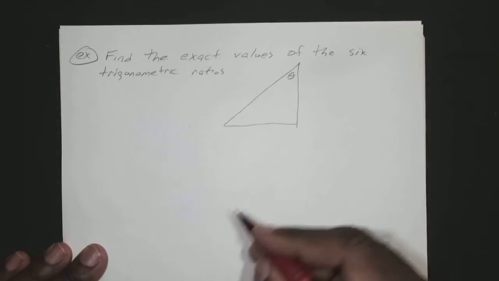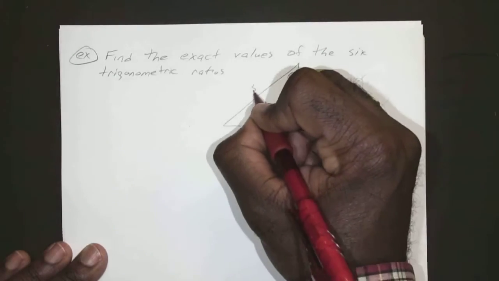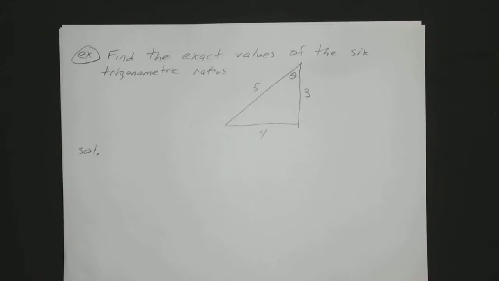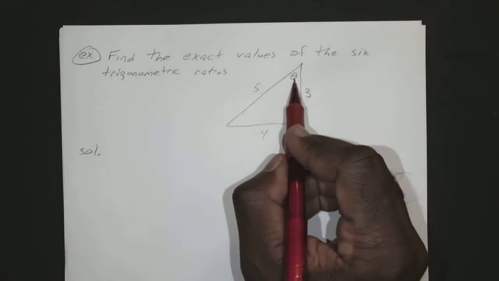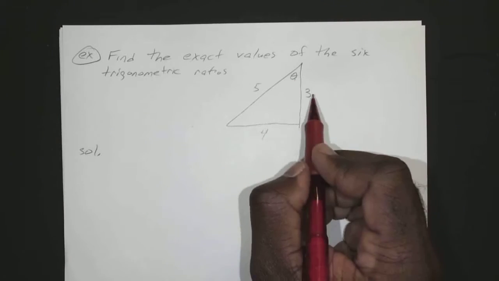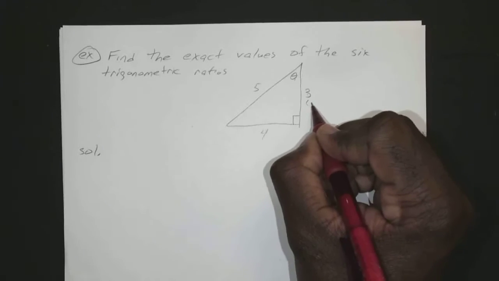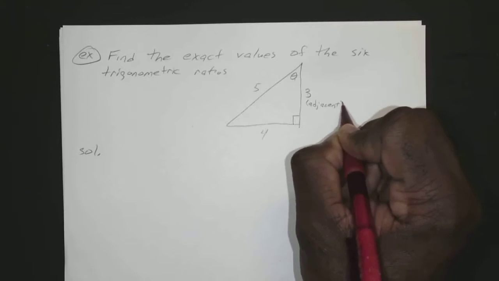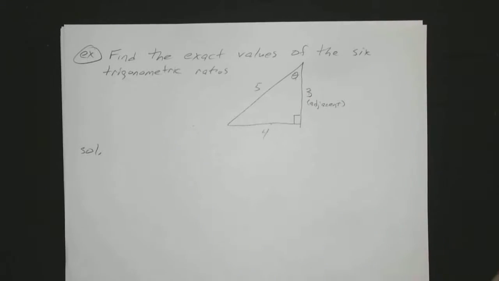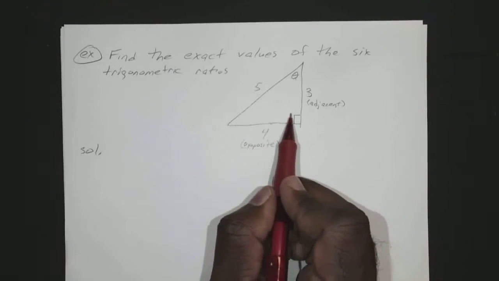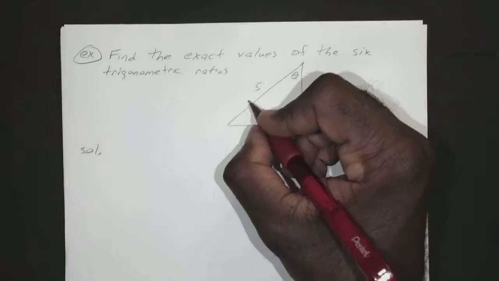Let's say if we make theta up here, we have 3, 5, and 4. The 3 things we know from looking at this triangle is that this is our theta, our side next to our theta is our adjacent, the side opposite from theta is our opposite, and the side across from the right angle is always our hypotenuse.